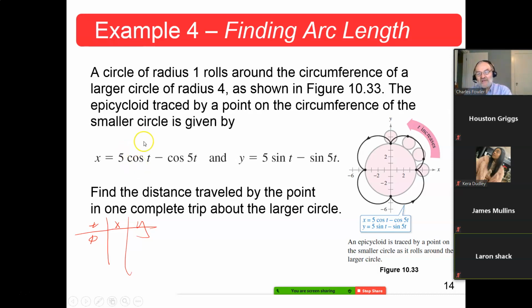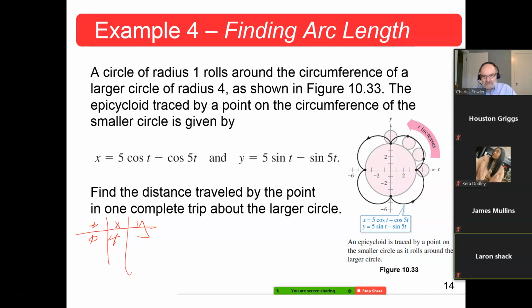Minus the cosine of 5 times 0, which is 0, and cosine of 0 is 1. So 5 minus 1 is 4. So your x is at 4. And sure enough, right here, this is radius 4, 1, 2, 3, 4. That's where you start. Well, the x is right. Let's see if the y is right.